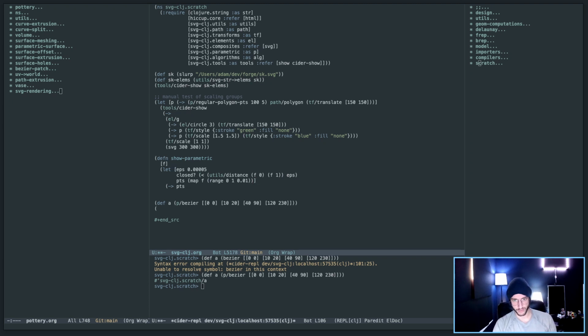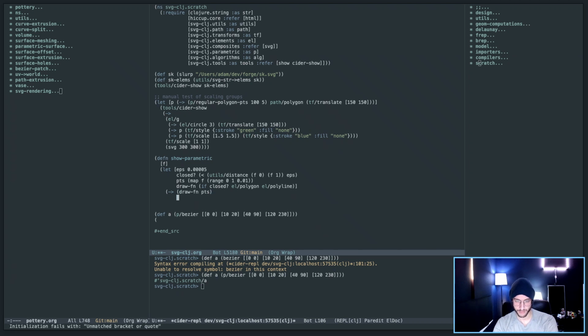Right, so all we need to do is the draw function: if closed, then it's polygon, otherwise it's polyline. Right, so we just draw a function over the points, simple enough.